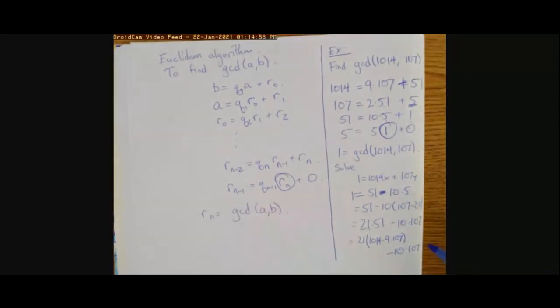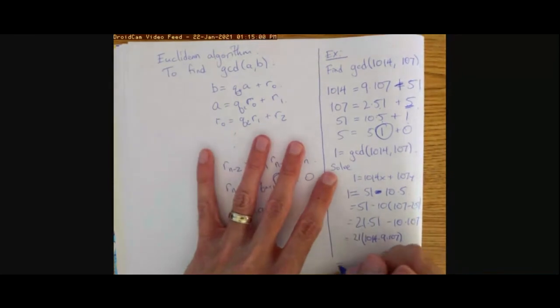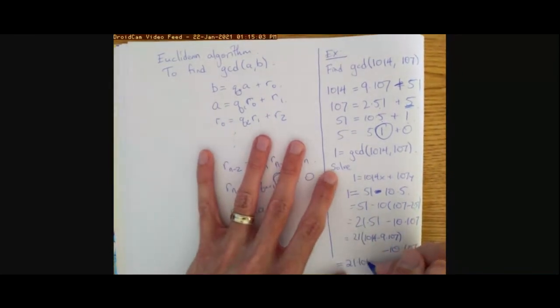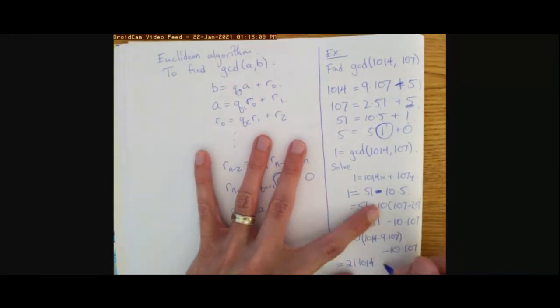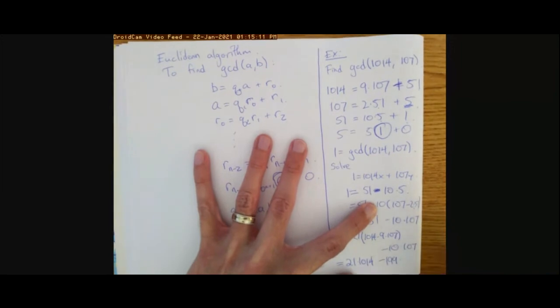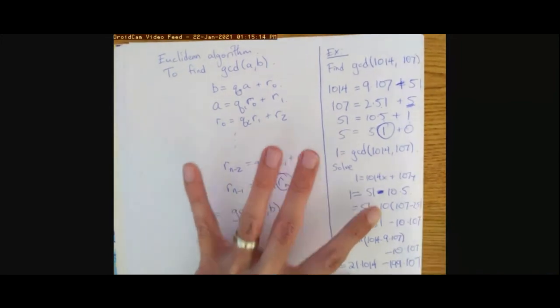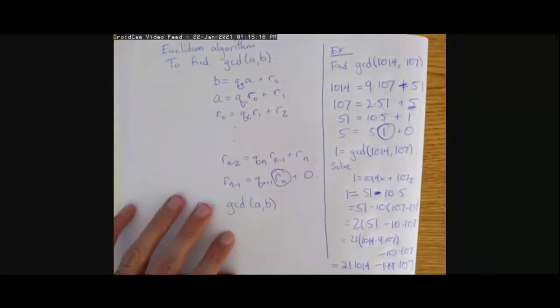Then we subtract 10 107s. Okay, so in all we have 21 times 1014, and then we have minus 189, 99, 107.